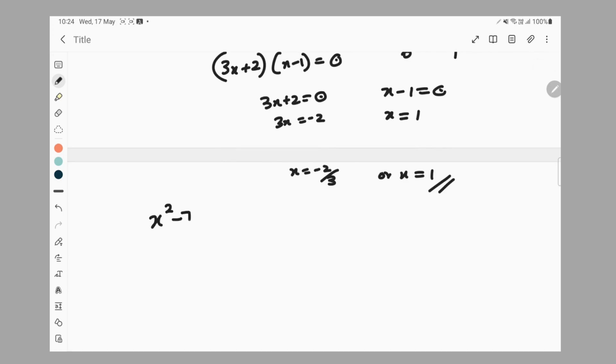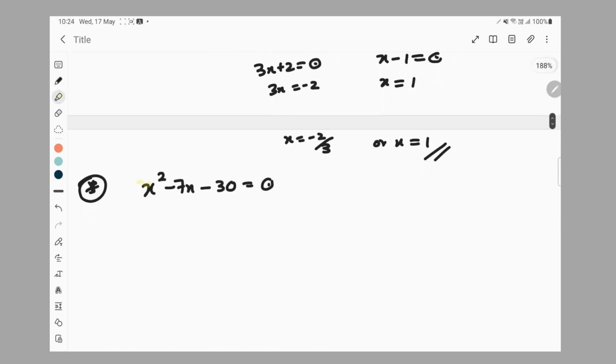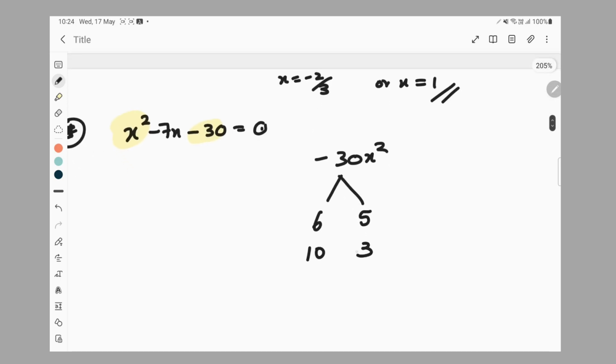x squared minus 7x minus 30 equals 0. How do you solve this? First you multiply this term with this, so you get minus 30x squared. What are the factors? 6 times 5. What else? 10 times 3. That gives 7, right? So this is minus, this is plus, because you need minus 7, not plus 7. So it's minus 10 plus 3. So x squared minus 10x plus 3x minus 30 is equal to 0.